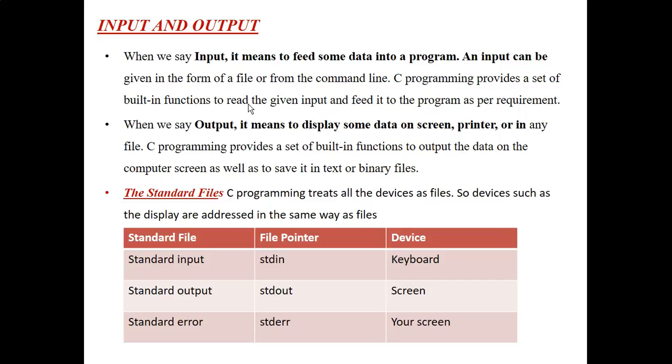Standard input takes data from the keyboard, and standard output displays data onto the output screen. Standard error also displays the errors onto our screen. So these are the standard files available in C programming language.